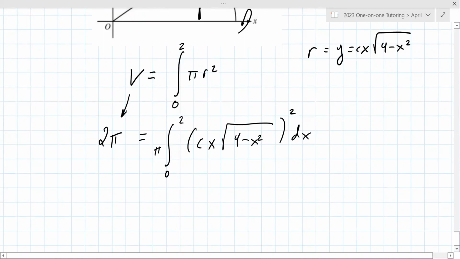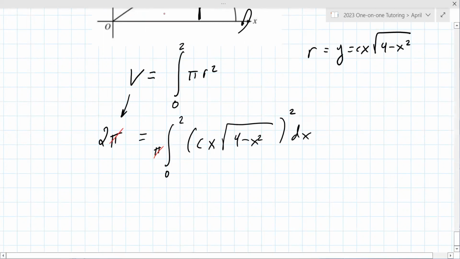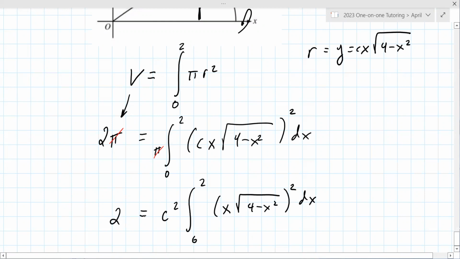That's good. All right, so before we do any integration, I would recommend canceling out the pi's, okay? And then the other thing is that this square here applies to the c squared. So the c squared is going to be on the outside, and it's not worth simplifying this part. dx from 0 to 2 equals this.